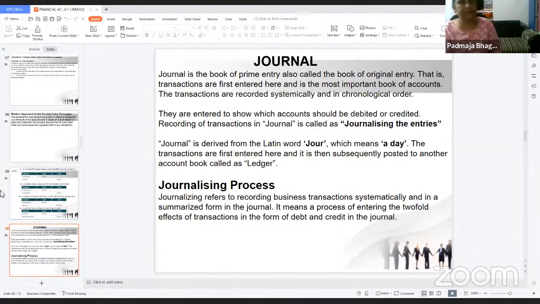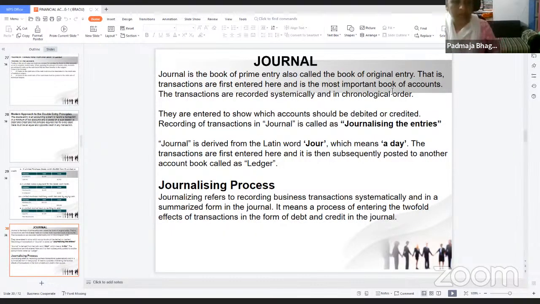Now, the journal. Journal is a book of prime entry, also called the book of original entry. Generalizing, it means it is an original book.